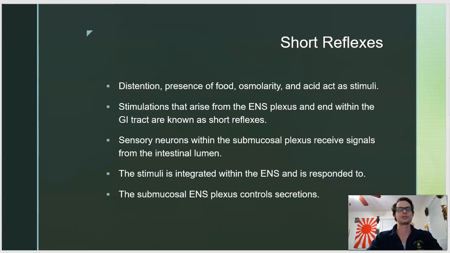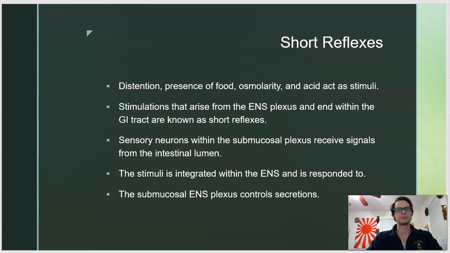What these stimulations can do is signal within the submucosal plexus, which signals through the intestinal lumen to begin secretions or motility of the enteric nervous system.